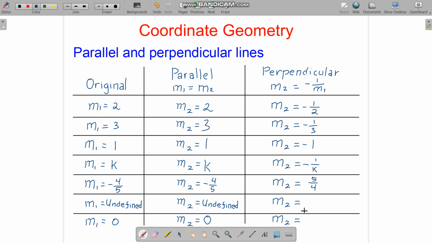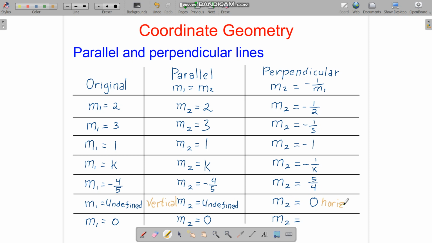And if it's undefined, it means the gradient is something divided by 0. So it's perpendicular to 0 divided by something, which is 0. So undefined here is because the line is actually vertical, and of course a line which is perpendicular to a vertical line must be a horizontal line.